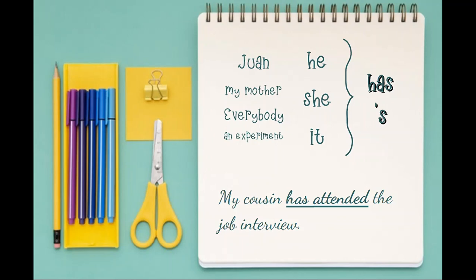Fíjense que el apóstrofe S puede confundirse con is o con el posesivo. Por ejemplo, John's house, la casa de John, ¿sí? Ustedes van a saber si está funcionando como has, como is o como posesivo de acuerdo al contexto, de acuerdo a la oración en la que está, ¿ok?